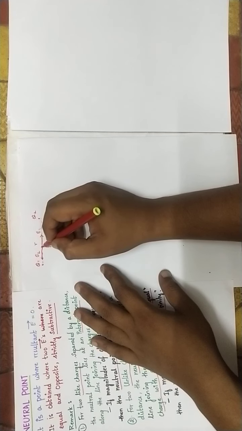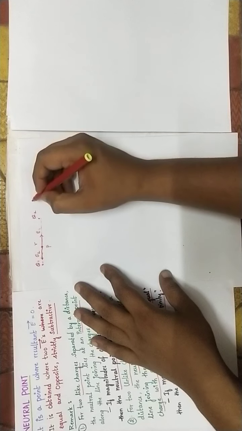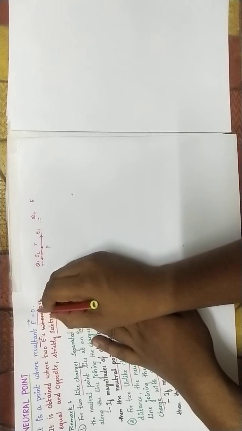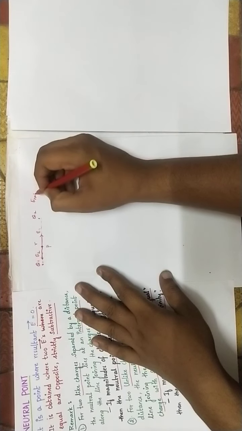In order to say this point P is a neutral point, the net field, according to the concept, should be 0.